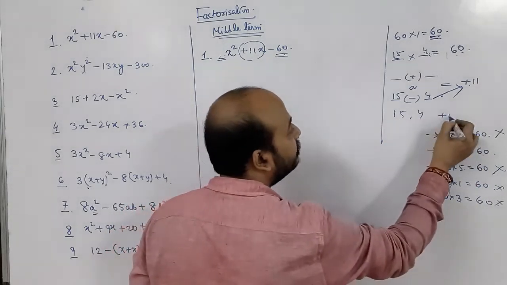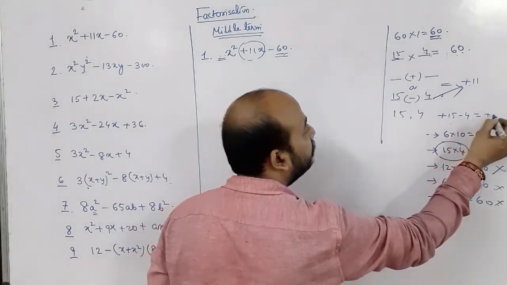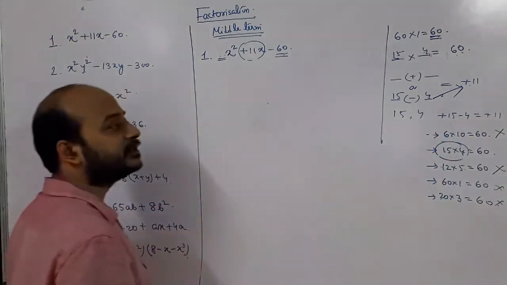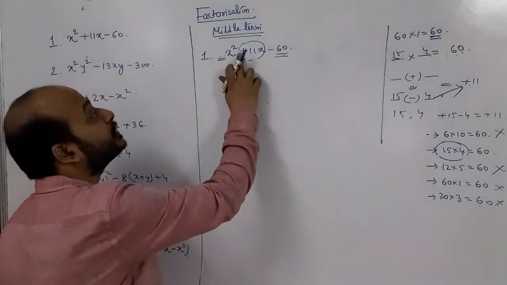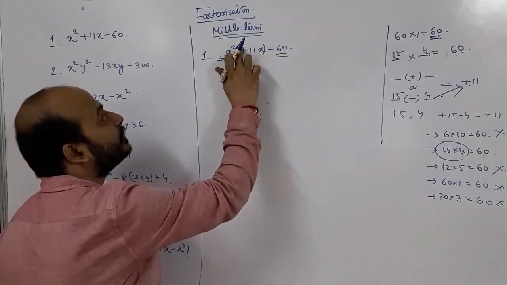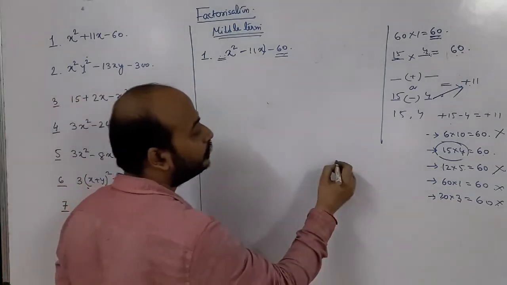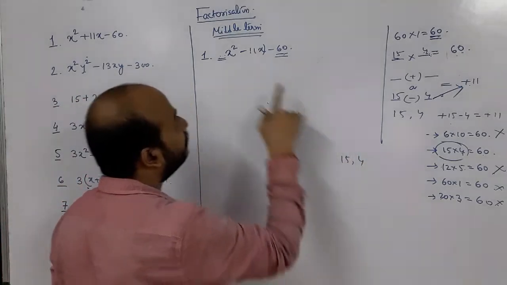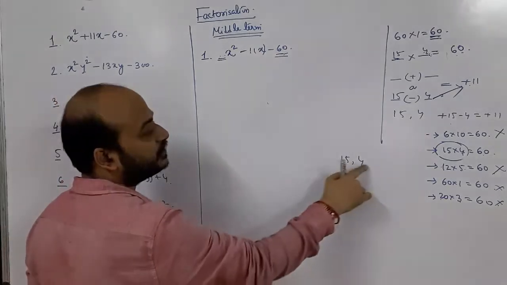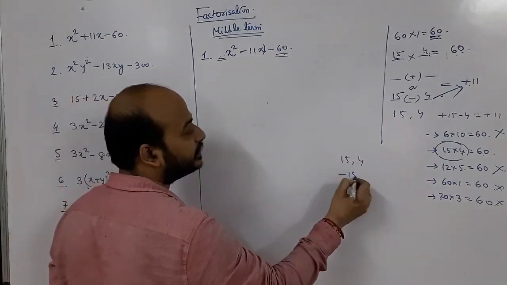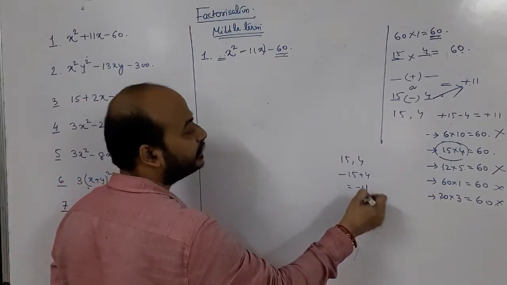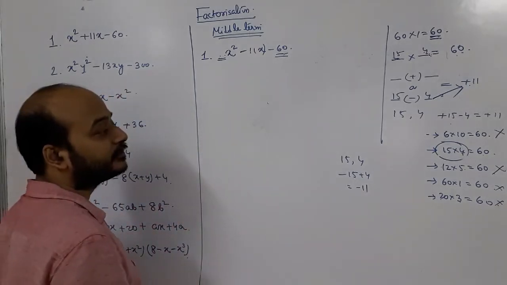We can use plus 15 and minus 4, and then you get plus 11. Understand? Now suppose instead of plus 11 it is minus 11, then what will we do? How can I get minus 11 by using 15 and 4? I can use minus 15 plus 4, so I get minus 11.